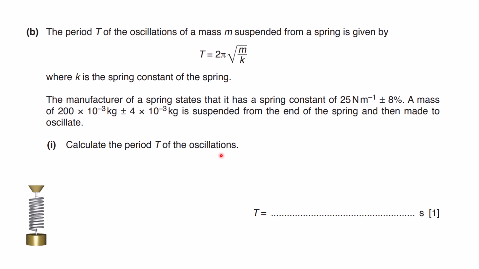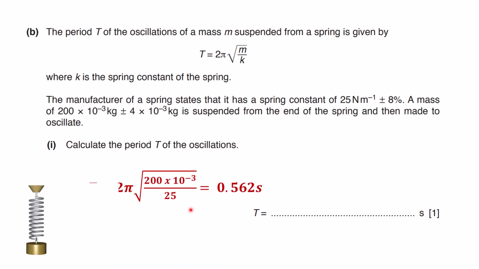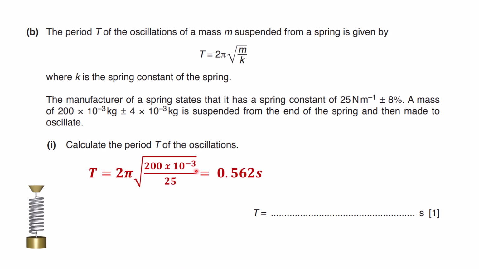In this question, it's direct substitution of the values in this formula. So let's go. Here is the mass and this is the spring constant. Evaluate the uncertainties. So the value is 0.562, or 0.56 with 2 significant figures.